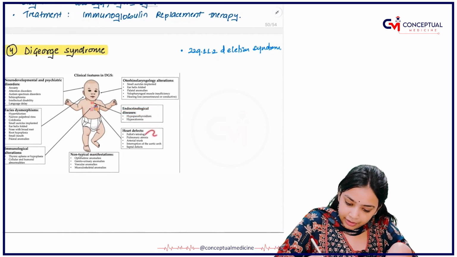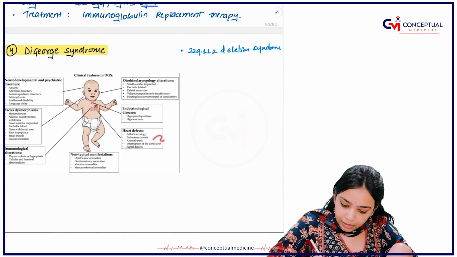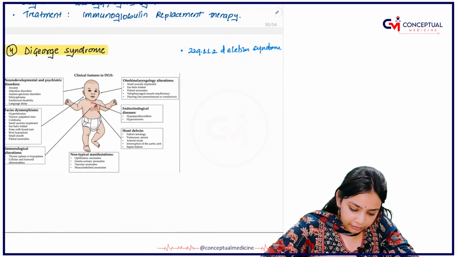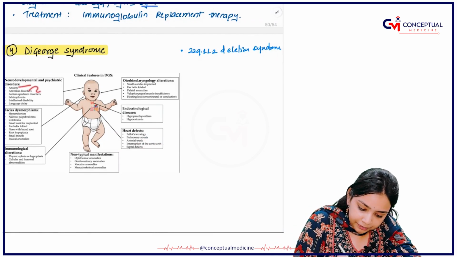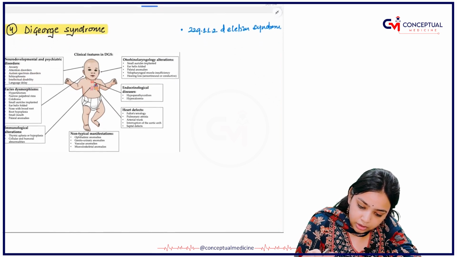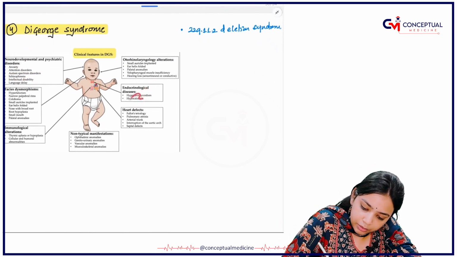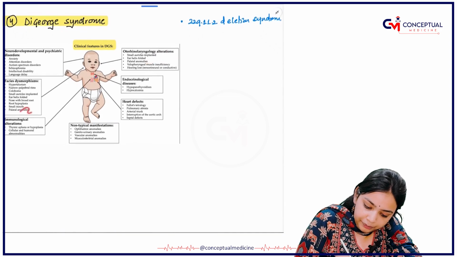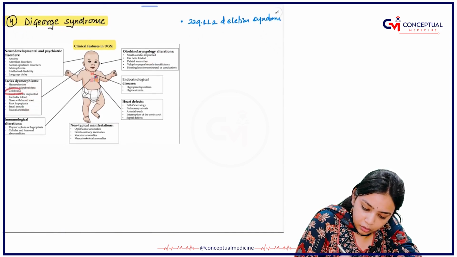You have the heart defects, Tetralogy of Fallot, pulmonary atresia, truncus arteriosus, and the septal defects. Okay. Then you have the anxiety, attention disorders, schizophrenia, intellectual disability, which are there. Next that you have is the ear helix folded and the palatal anomalies which are there. Okay, and the coloboma is there in the eyes, right?